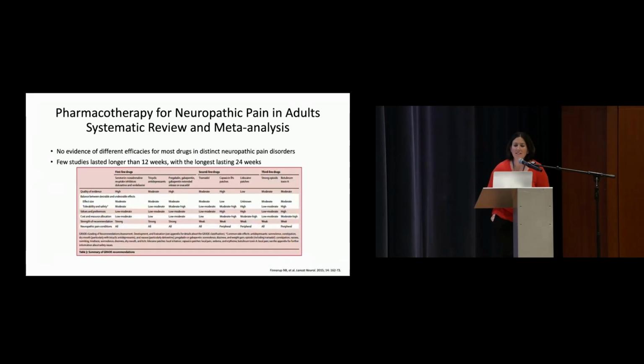When looking across different neuropathic pain conditions, there was no evidence of different efficacies for most drugs in distinct neuropathic pain disorders. But as a whole, when they looked at all of these patients with different neuropathic pain conditions, those that had the highest level of evidence were our SNRIs, duloxetine, venlafaxine, tricyclic antidepressants, and then our cannabinoids, pregabalin or gabapentin.